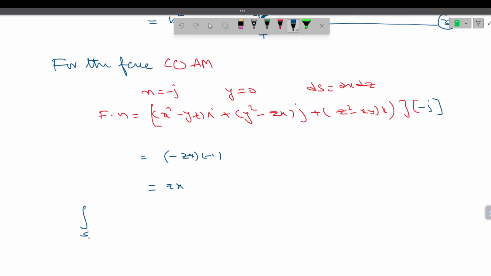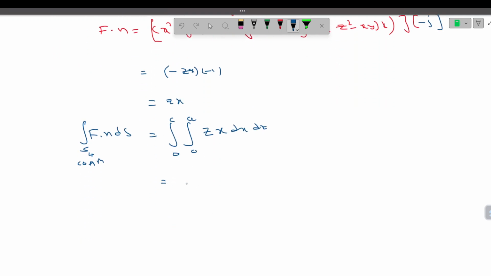So the integration taken over the surface S4 of f dot n ds, or you can say S4, or COAM also you can write, no problem. So double integral, this is zx and ds is dx dz, and x is 0 to a, z is 0 to c.